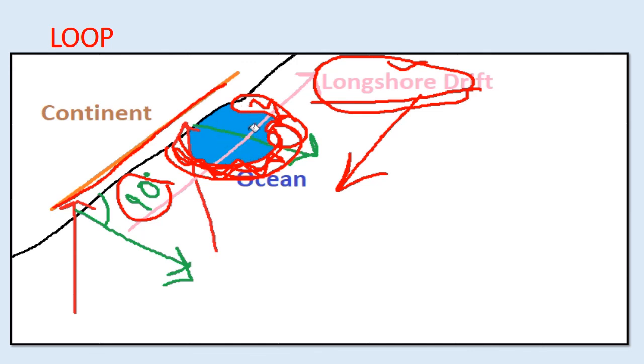That enclosed sea is known as a lagoon, and that enclosed loop-like bar is known as a loop bar. Sometimes that loop bar forms an island. Then it is called a loop bar or looped island.